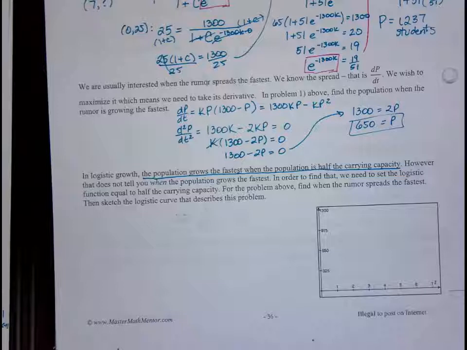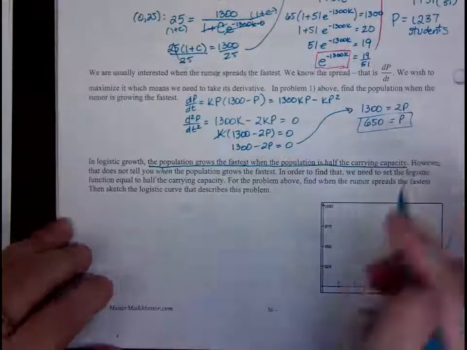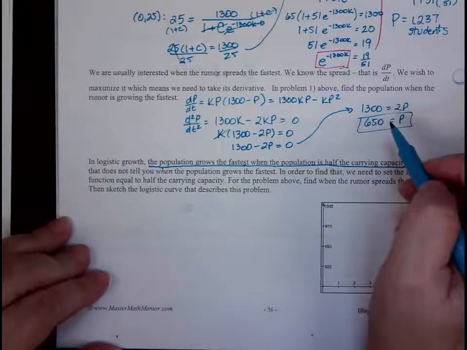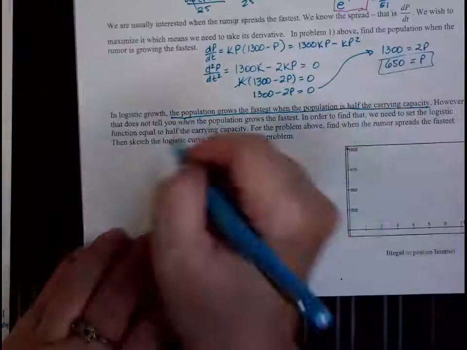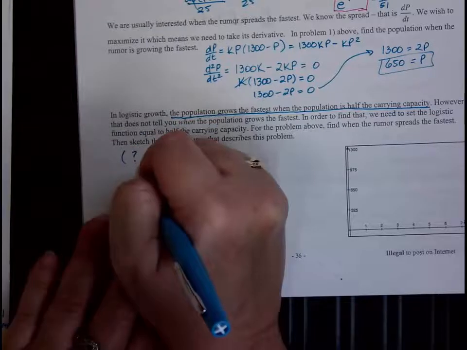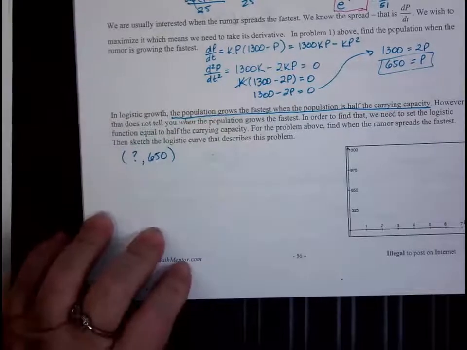Okay. Now, what we're going to do now is find out when that happens. On which day was it just flying the fastest? When was the rumor spreading the fastest? So if this is our P, we're going to find the T that goes with it. So we're finding question mark, comma, 650. We want to know when that's going to happen.